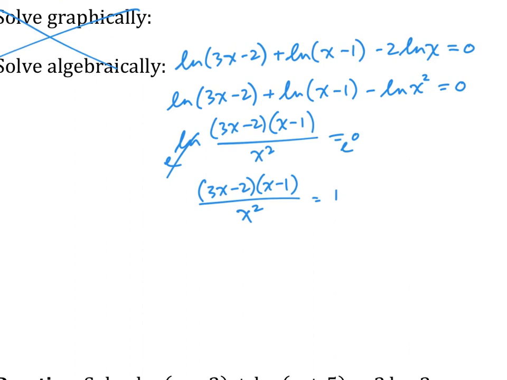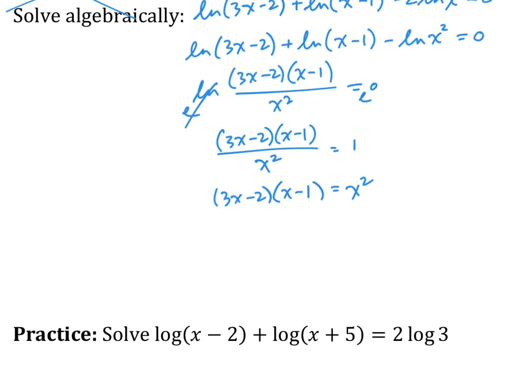All right, how do I solve this? That's pretty easy. I'm going to multiply by x squared on both sides. And this is very easy. This is just a quadratic equation, so we're going to first FOIL. All right, combine like terms. And then set it equal to 0.